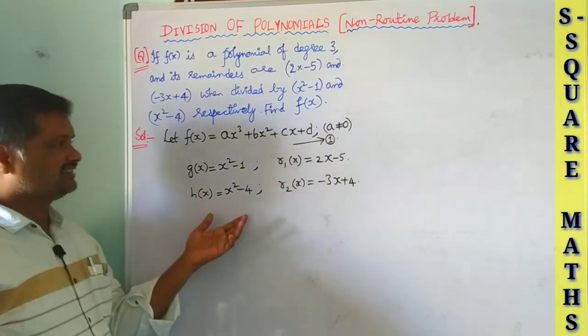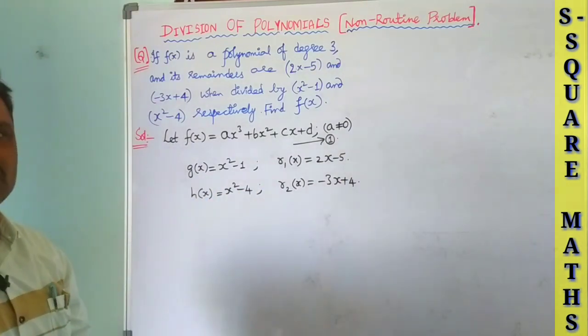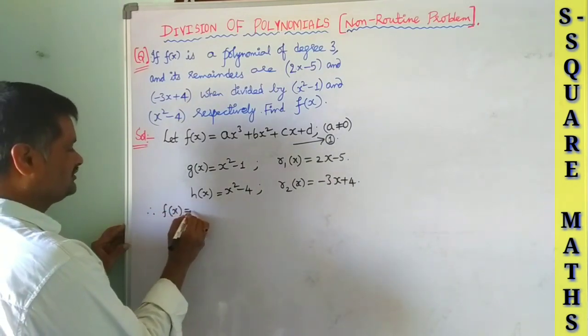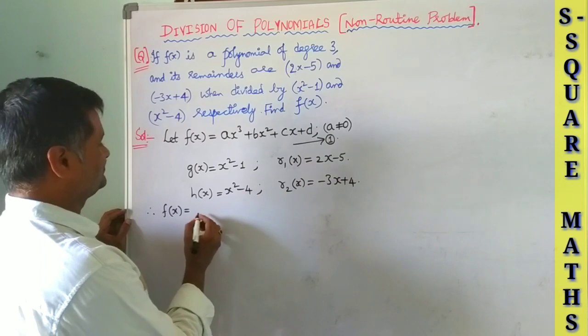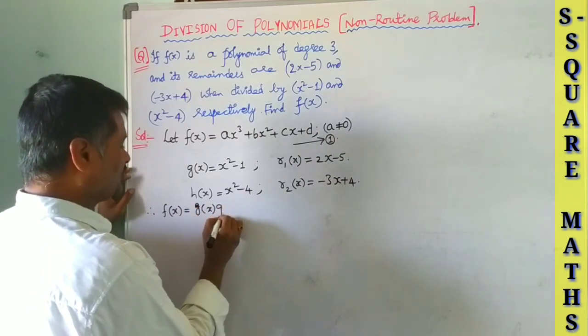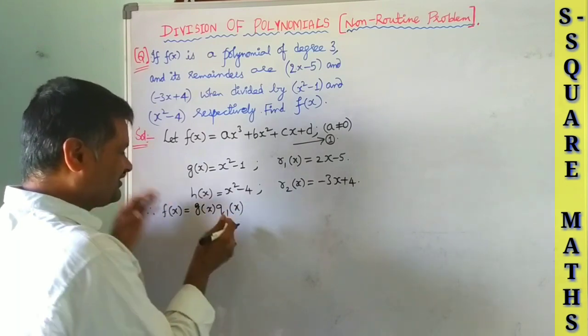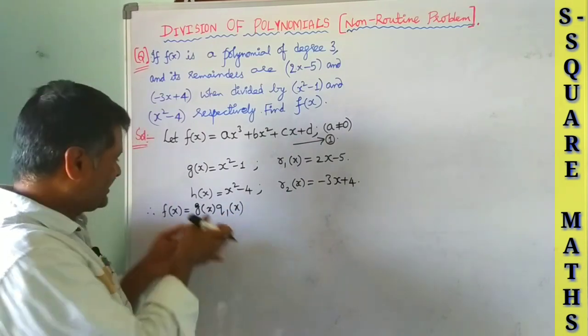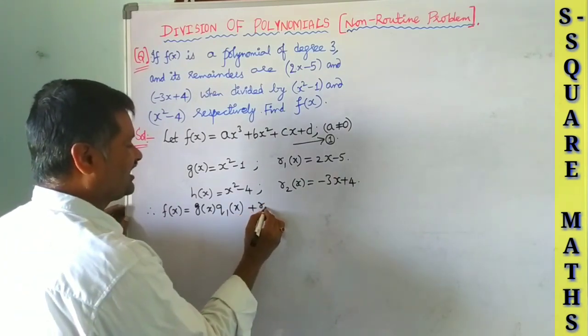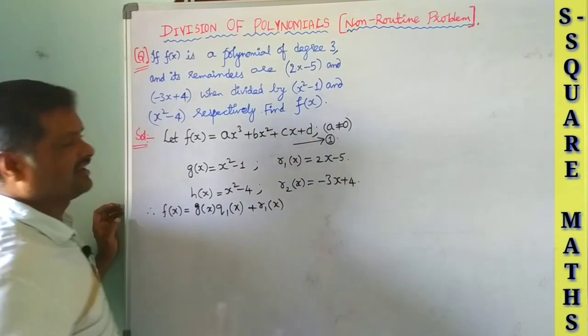So let us apply the division algorithm for polynomials. Therefore I can write f of x is equal to g of x into q1 of x plus r1 of x, where q1 of x is the quotient when f of x is divided by g of x, and r1 of x is our remainder.